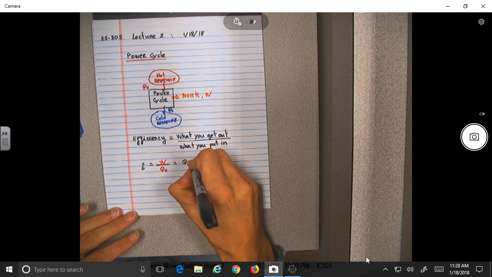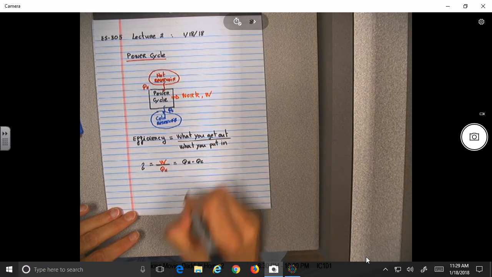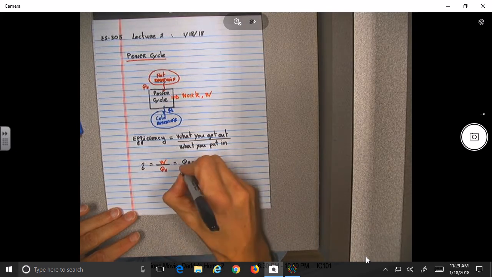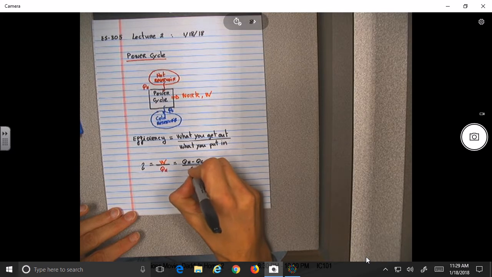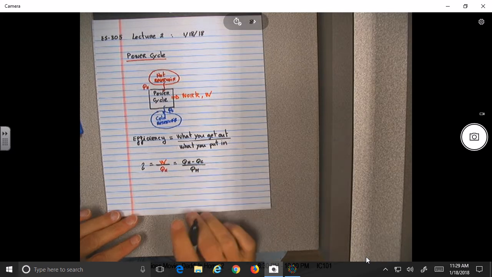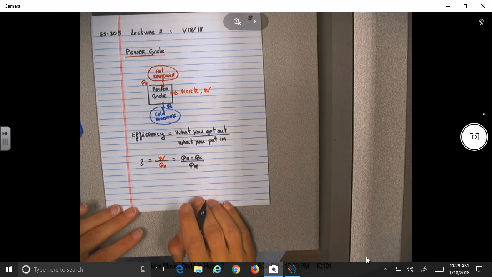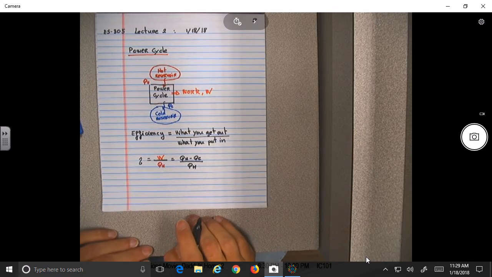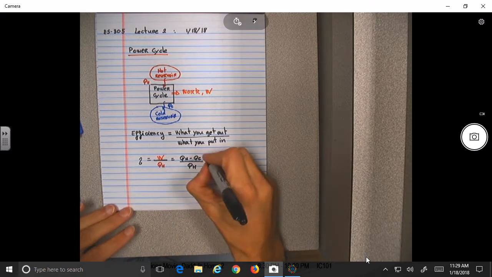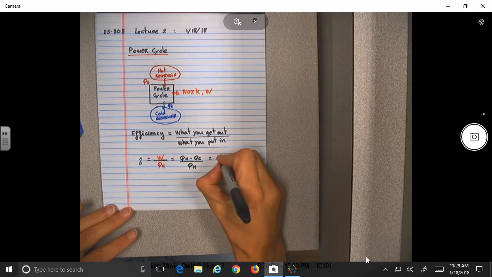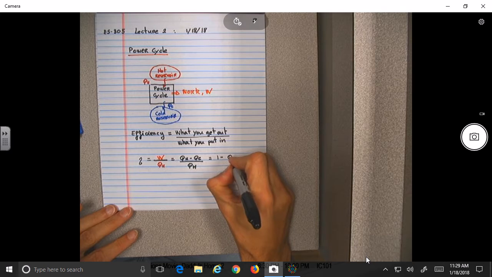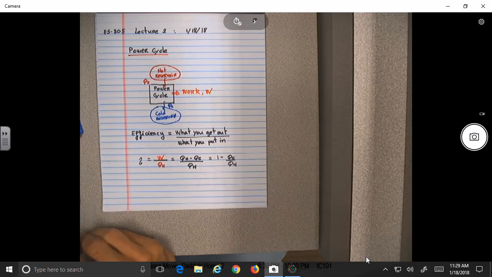Q hot minus Q cold divided by Q hot. All right, so if we simplify this, what are you going to get? 1 minus QC over QH.